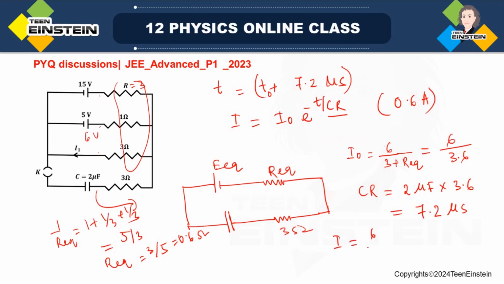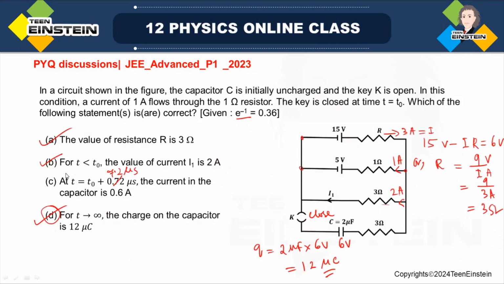I is equal to I0, I0 is 6 by 3.6, into e to the power minus 1, because t is given as t0 plus 7.2 microsecond, that means this is t, and we have got CR to be 7.2 microsecond too. So this value is already given, and this will be 10 to this. So you get here 0.6 ampere. So look here, this third option is also correct. Therefore in this problem all 4 options are correct.